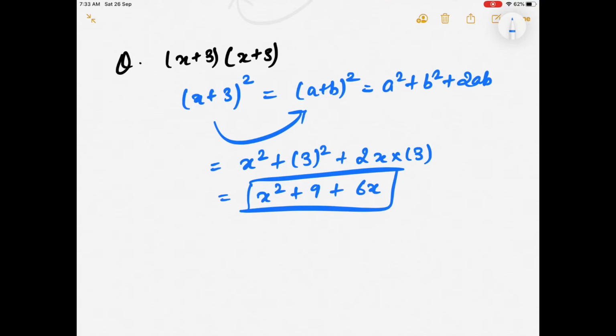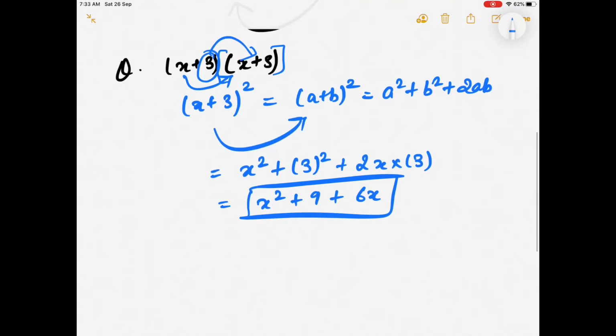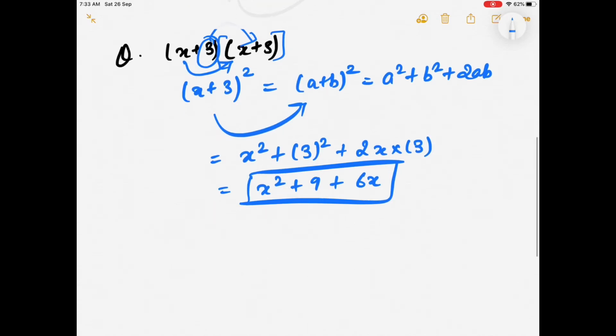If we solve this question without any identity, just by opening the bracket, multiplying x with the complete bracket and then again multiplying 3 with the complete bracket, it makes our calculation longer, but this identity makes our calculation short. So using identities is a better option to solve any question.